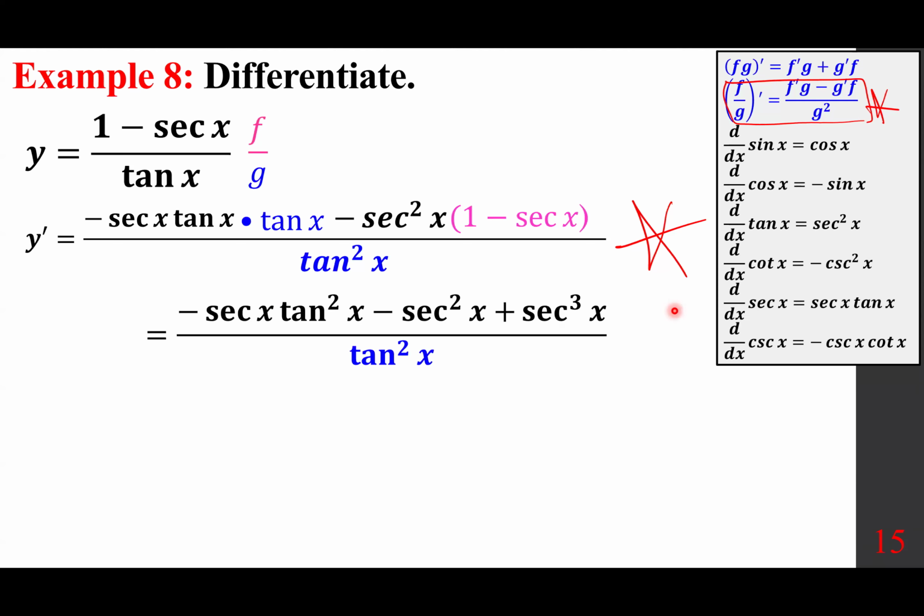I can take out the common factor of secant x. If I do so, I get negative tan squared minus secant x plus secant squared x, and the bottom doesn't change. So I'm just factoring the secant x: minus tan squared x minus secant x plus secant squared x.